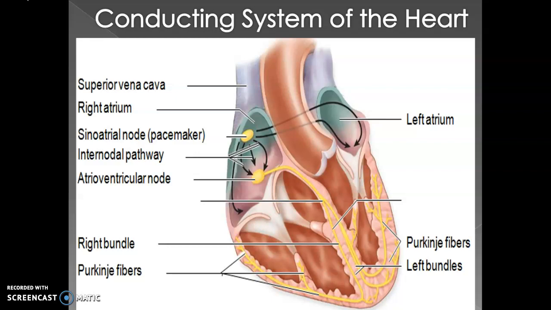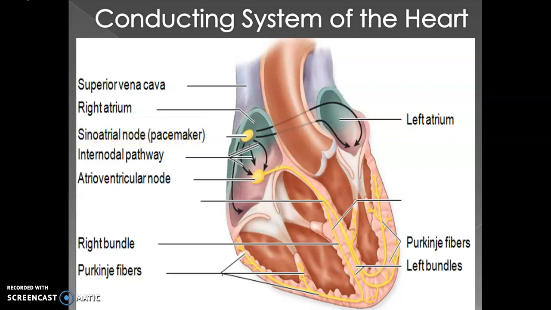The AV bundle then divides into left and right bundles carrying the action potential towards the ventricles, and the Purkinje fibers help the impulse to spread all over the ventricles. Remember, this is all action potential flowing through the heart. Right after this electrical event, we will have the mechanical contraction of the heart that will help movement of blood from the chambers into the respective blood vessels.